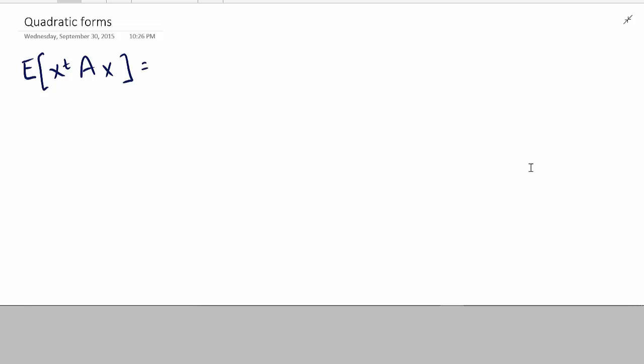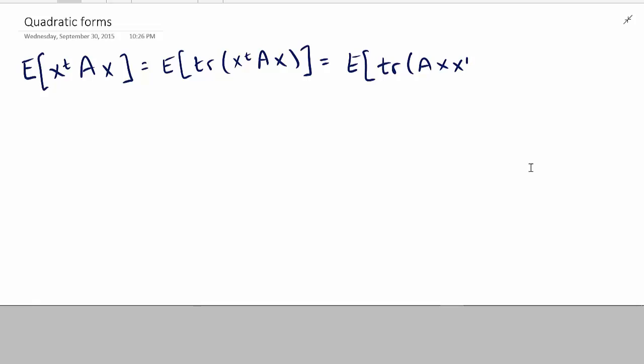So the way we calculate this expected value is because it's a scalar, the expected value of this quantity is equal to the trace of the expected value, because the trace of a scalar is just the scalar. And then because the trace of AB is the trace of BA, we can take the trace and say this is the trace of A x x transpose.